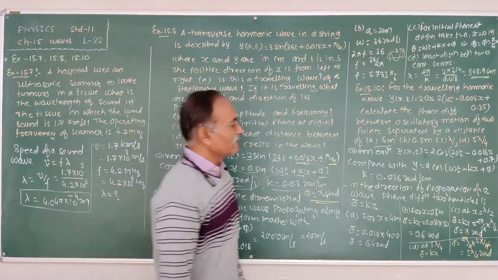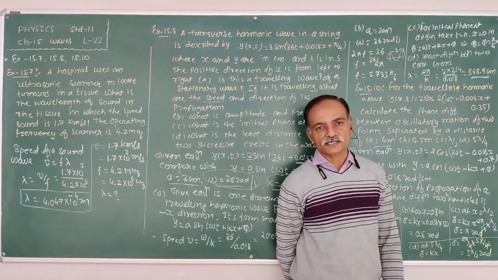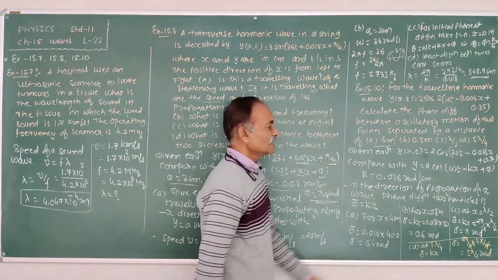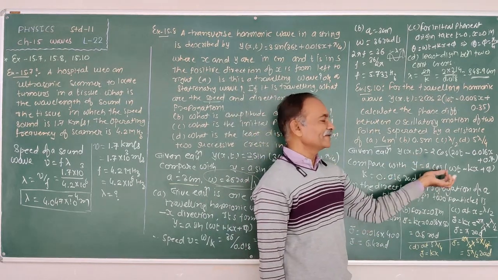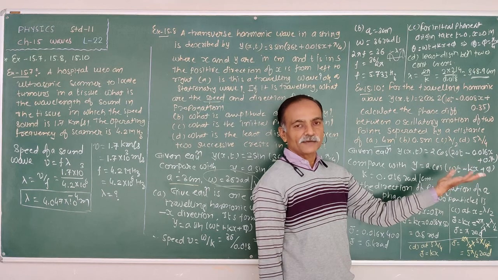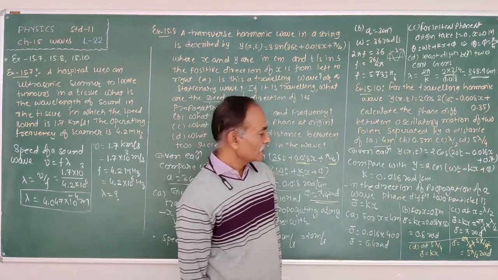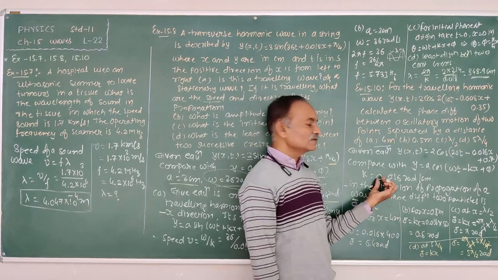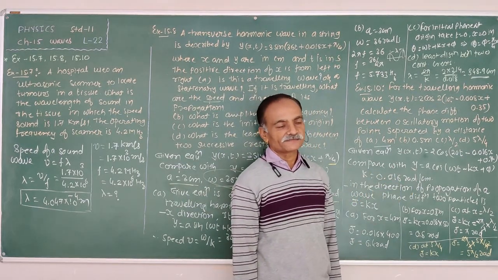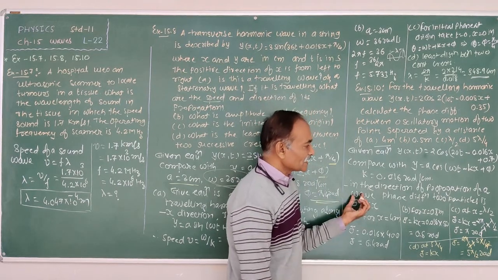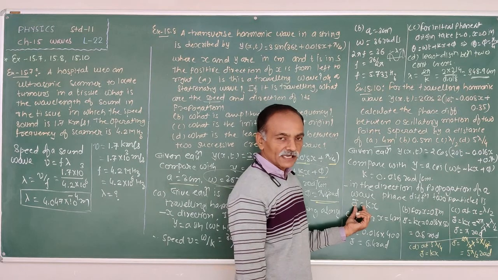Here the harmonic wave is given in the form of a cos instead of sine. So we only require the wave vector k, not the amplitude, omega or initial phase, because we want to only find the phase difference. Therefore, k is equal to 0.016 radian per centimeter.